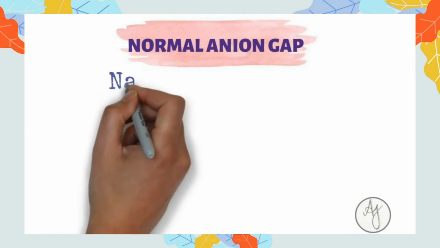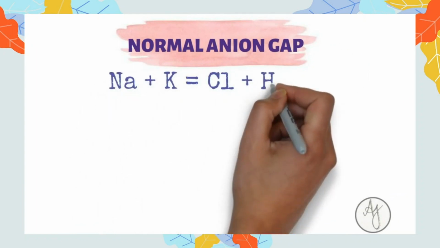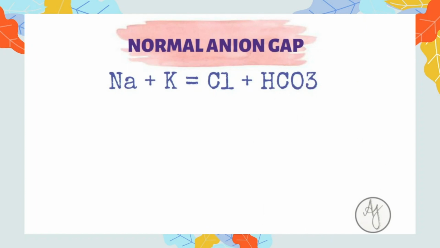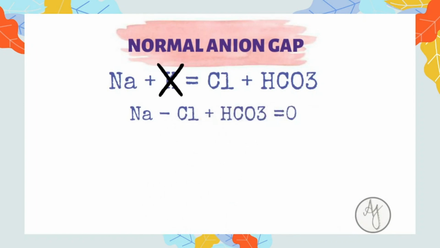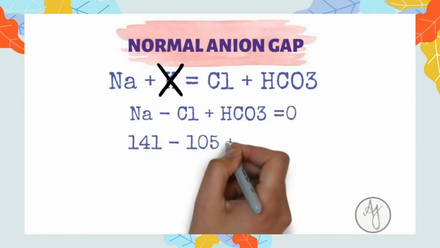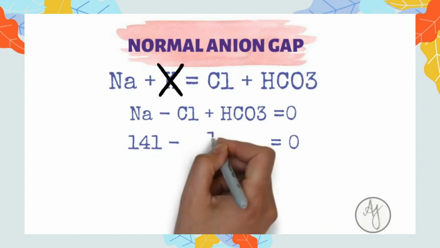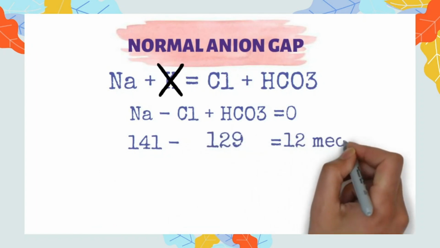Sodium plus potassium equals chloride plus bicarbonate. But in most labs, only the sodium value is taken because potassium is proportionately less in the serum. So this is what the formula should look like: sodium minus chloride plus bicarb equals 0. If you put in the normal values, the answer will be 12 milliequivalents per liter.